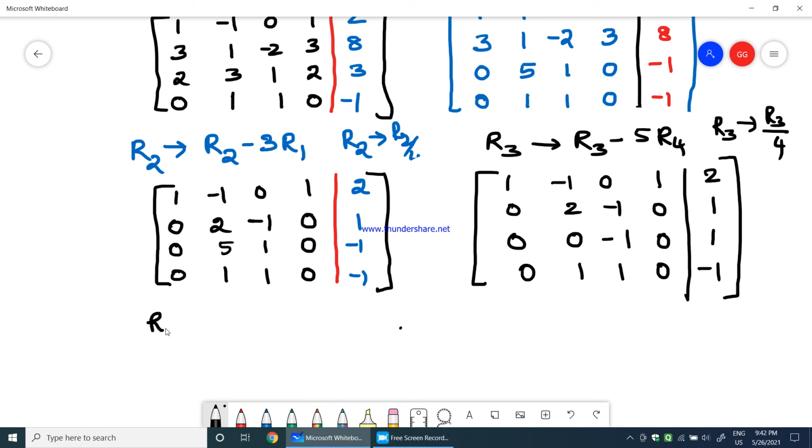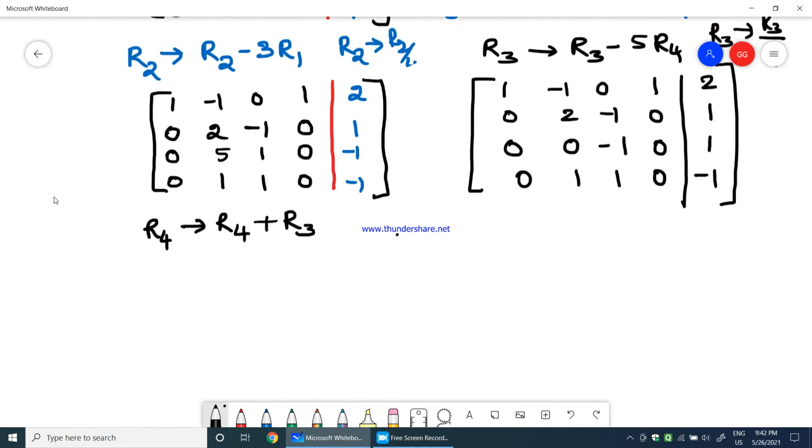So row 4 would be equal to row 4 plus row 3. I'll do this. So what will we get?